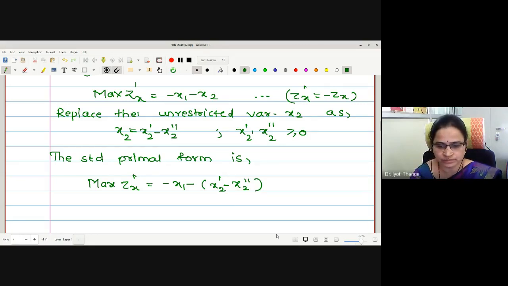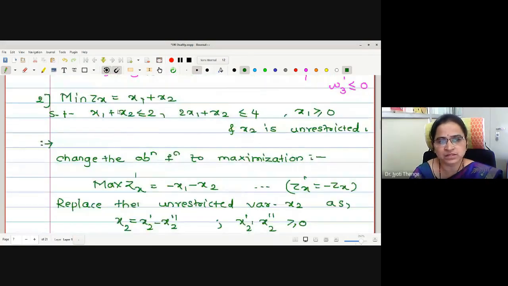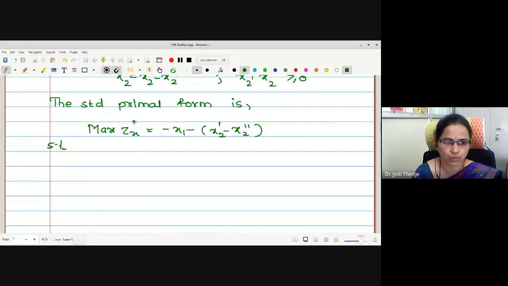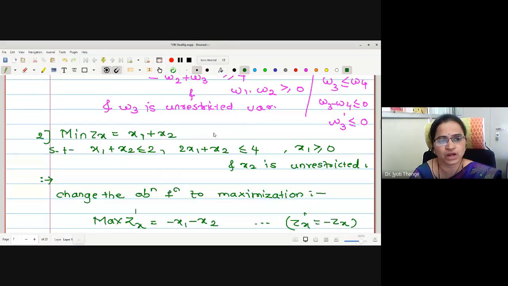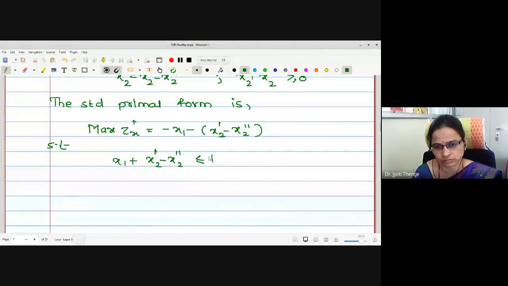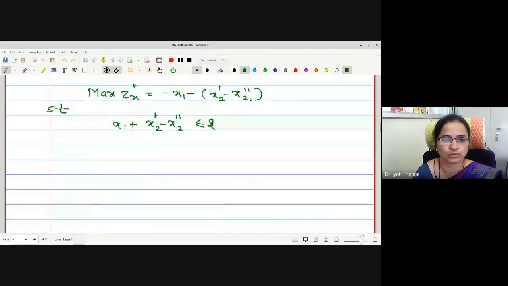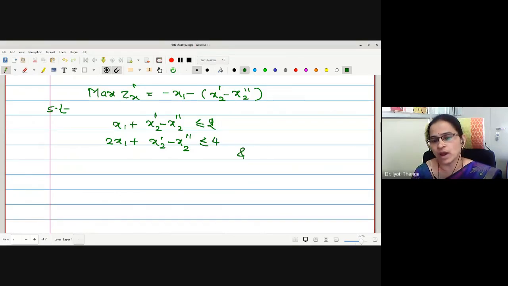Is it okay? What about the constraints? In the constraints also we have the variable x2, therefore we will also replace this. The first constraint x1 plus x2 less than or equal to 2 becomes x1 plus x2 dash minus x2 double dash less than or equal to 2. The second constraint, 2x1 plus x2 less than or equal to 4, becomes 2x1 plus x2 dash minus x2 double dash less than or equal to 4.